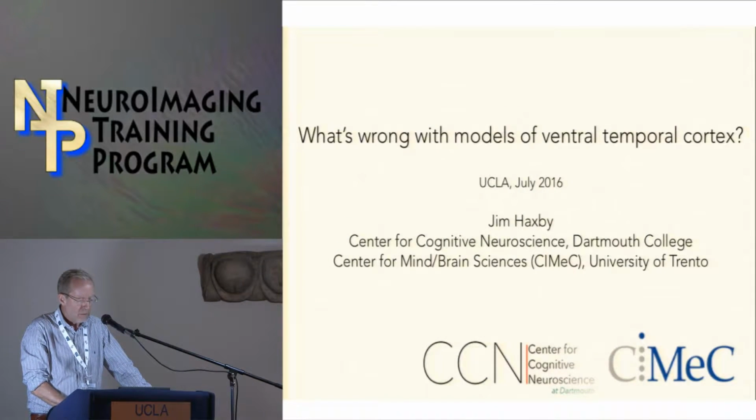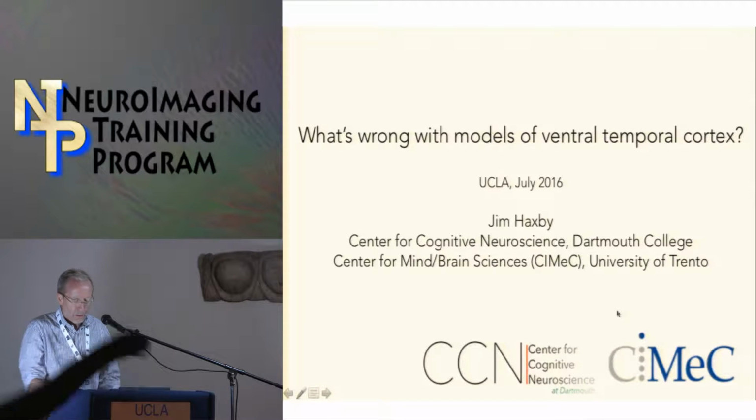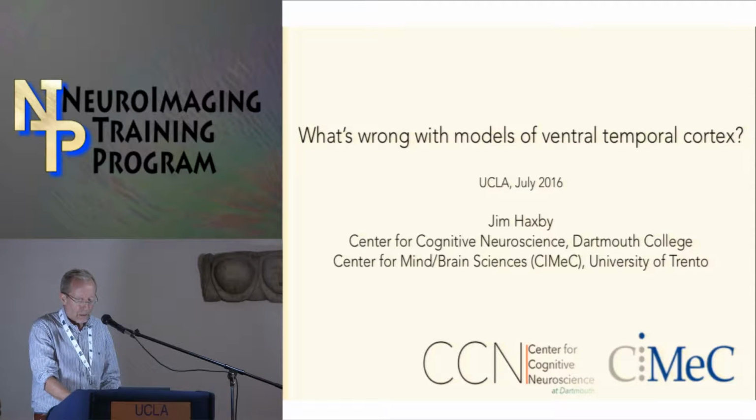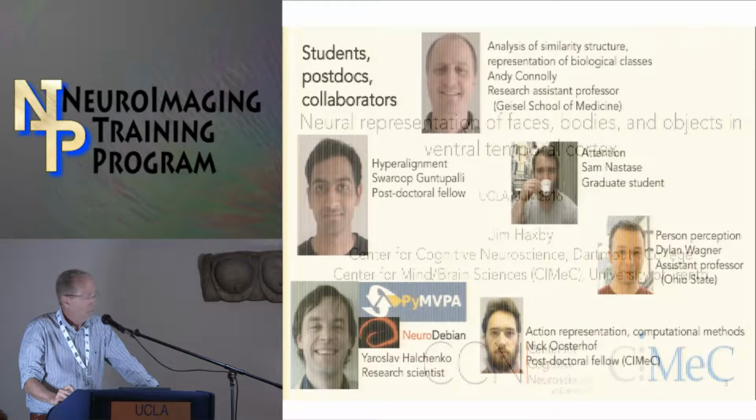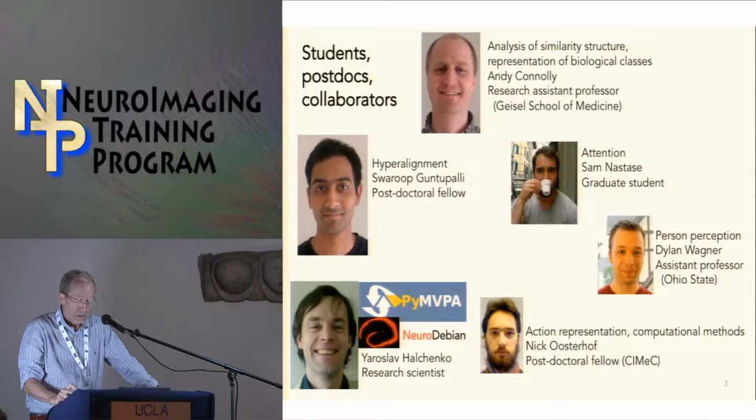We have been thinking about this for a long time, and come to the conclusion that a lot of the way we think about the functional organization in ventral temporal cortex is wrong. Okay, so again, it's the usual suspects who are working with me on this. I should have a picture here also of Ida Gobbini, because she and I are doing a lot of this work together.